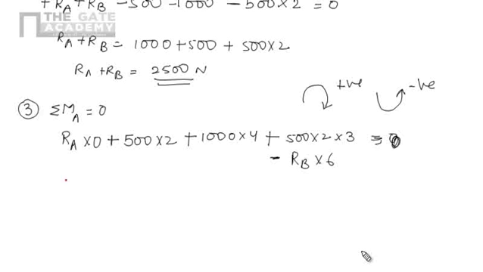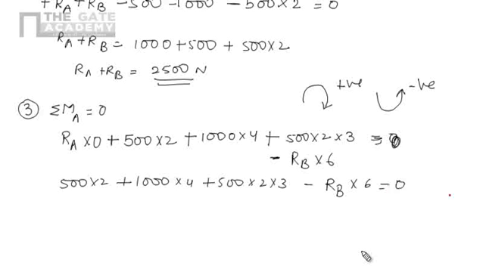So now again I am writing this equation, that is 500 into 2 plus 1000 into 4 plus 500 into 2 into 3. These are clockwise moments, and this anti-clockwise moment due to this RB into 6 equals 0. So now that is 1000, that is 4000, that is 3000, and equals 6 RB.